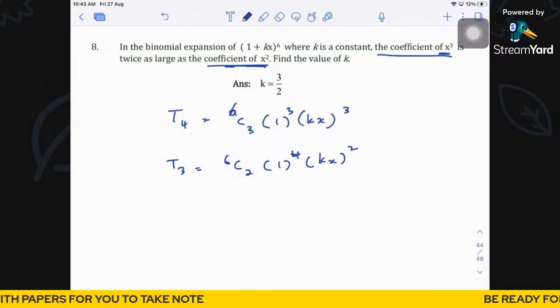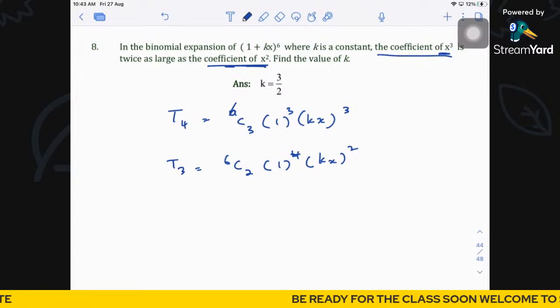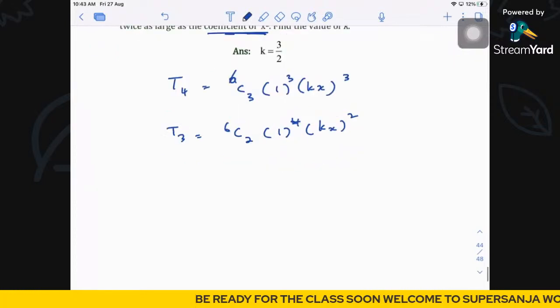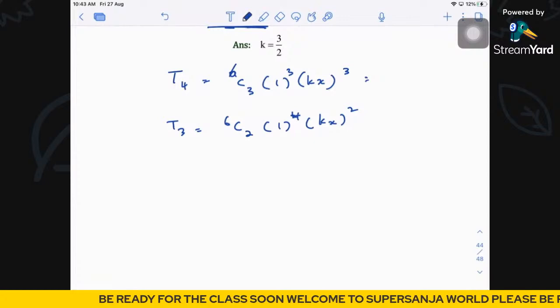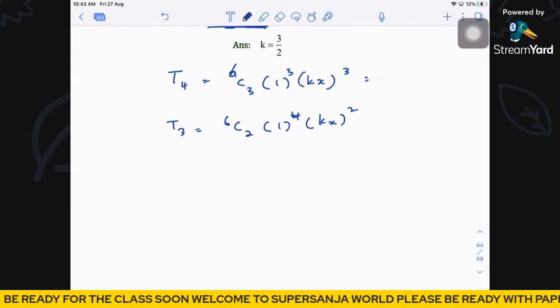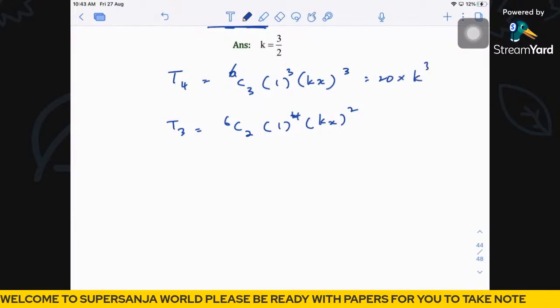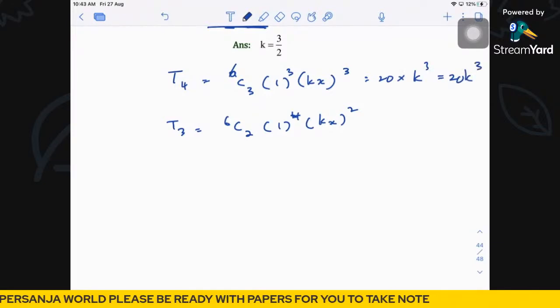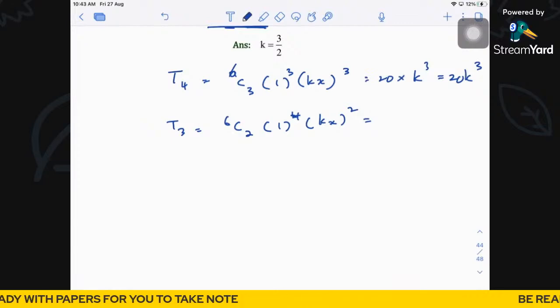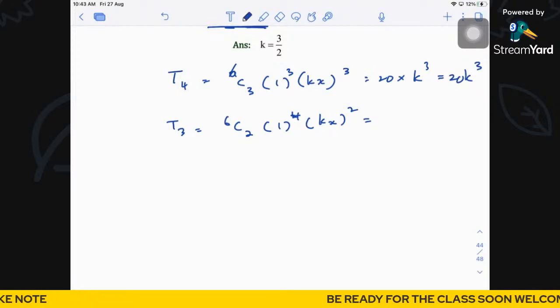Can you all understand that? They tell me that the coefficient of x cubed is twice as large as the coefficient of x squared. So 6C3, if you calculate, is 20 times k cubed, so you get 20k cubed. Here is going to be 6C2 times k squared, so 6C2 is 15k squared.